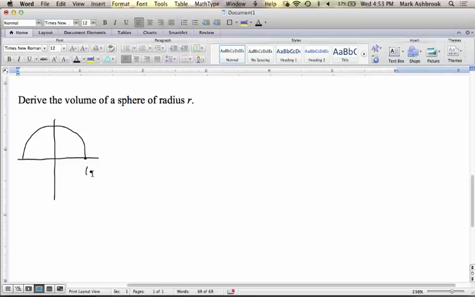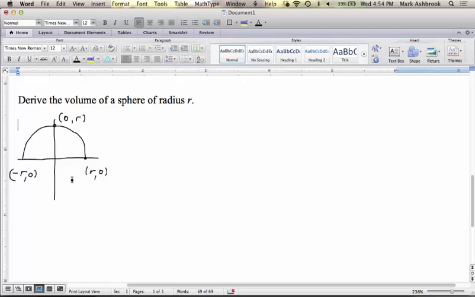So this is r, 0, 0, r, and negative r, 0. How could we use the technique from before, the technique of rotation, to get the volume of the sphere?